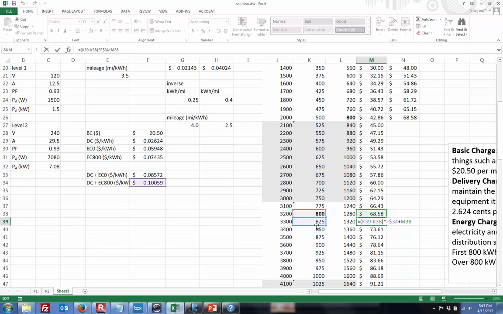So to go that extra 100 miles took me another 25 kilowatt hours. K39 is 825, K38 is 800. So that's 25 kilowatt hours times the new rate.